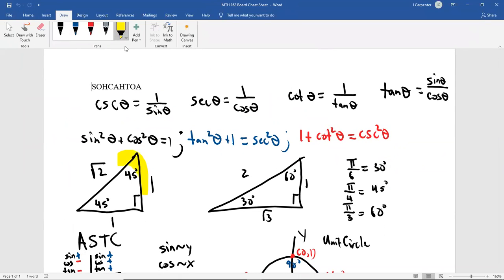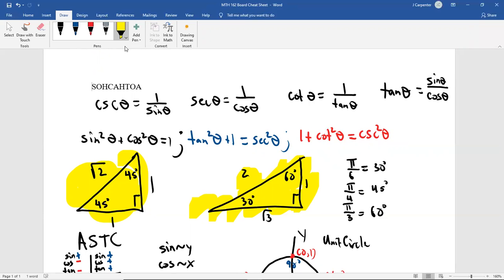I said by memorizing these two triangles, you can handle everything with 30, 45, 60, as well as those reference angles in other quadrants, things like 210 or 150 or 135, all degrees, of course.